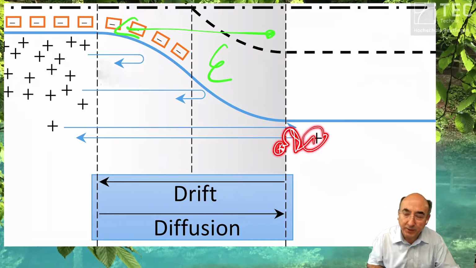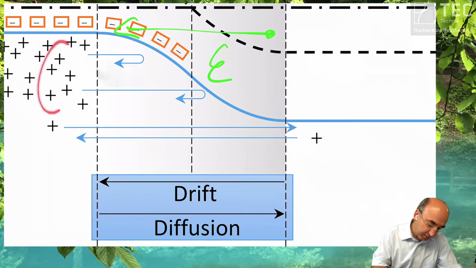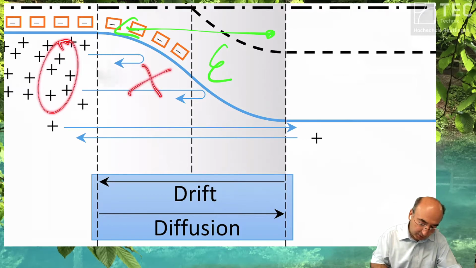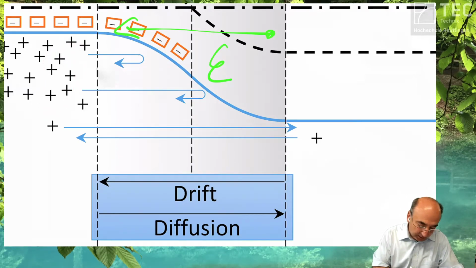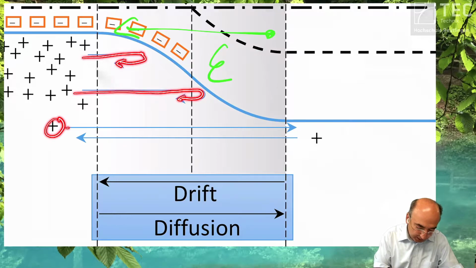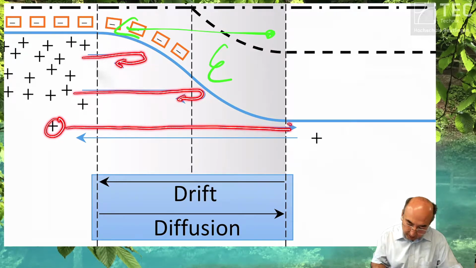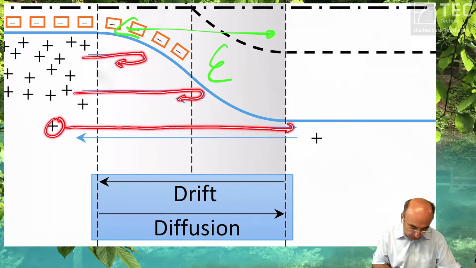So they are in the electric field, they drift in this direction, and here are so many, and here are none, easy way of saying. So they diffuse and drift back, and some high energy particles diffuse and they are there. Okay, so the diffusion and the drift are in equilibrium.